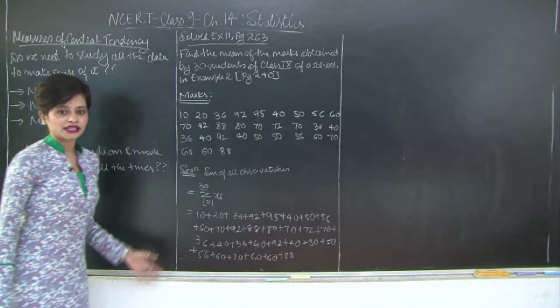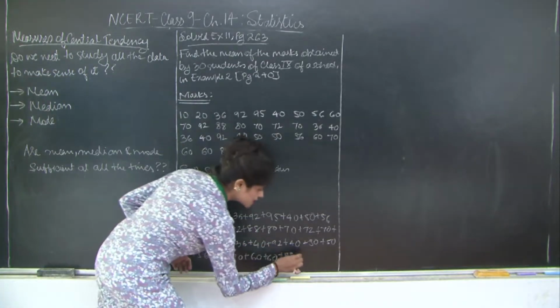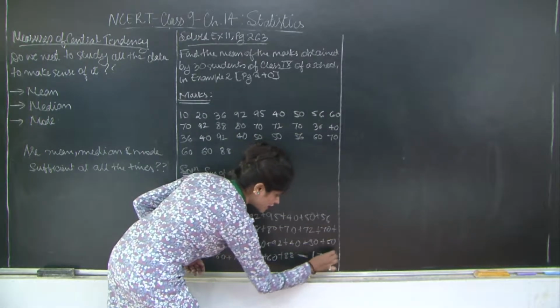So when you add up all these values, the sum that you will get is 1779.